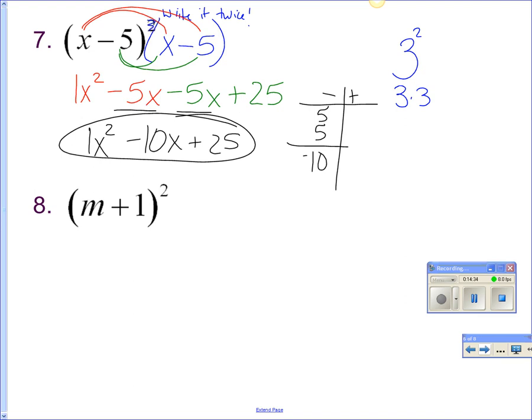All right, number 8, m plus 1 with the 2 on the outside. Chad, what does it mean when I see a 2 on the outside? Good. Write it twice. All right, Zaria, what am I going to do next? m times m. Okay.